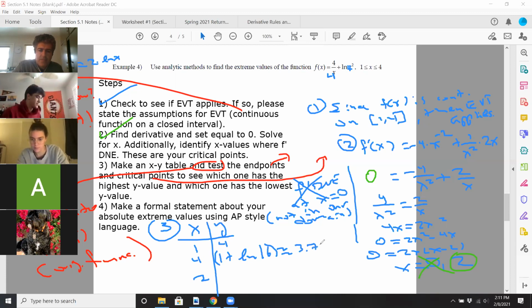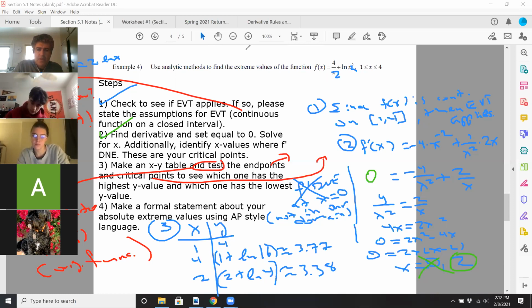So that's 3.77. And if I plug 2 in, it's 2 plus natural log of 4. And that's going to be 3.38 to work that out.